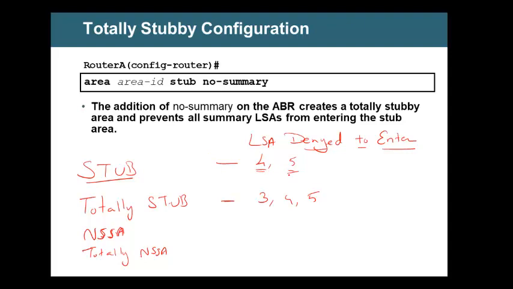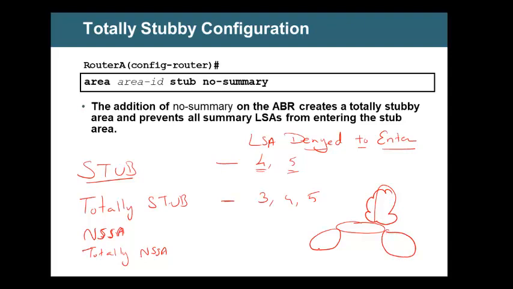Only that area is a stub area, not all the areas. So your ABR has one connection with the stub area, another connection with the backbone area. You see, this is the backbone area, this is the stub area, this is EIGRP, and this is another area.